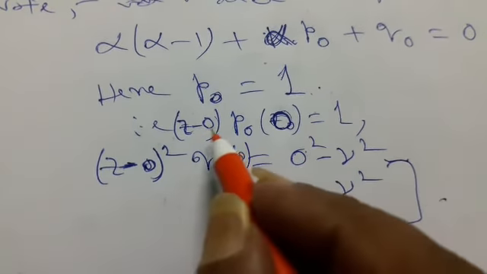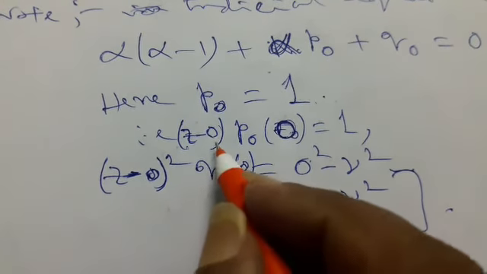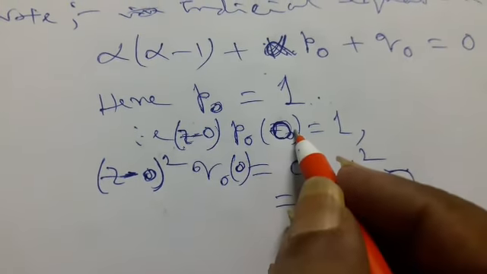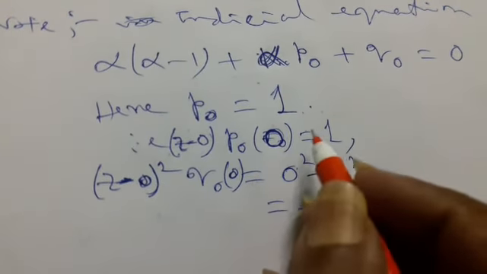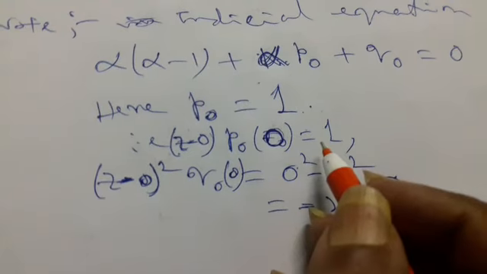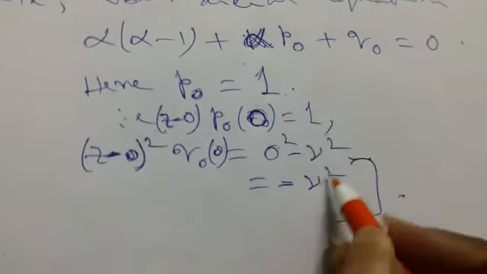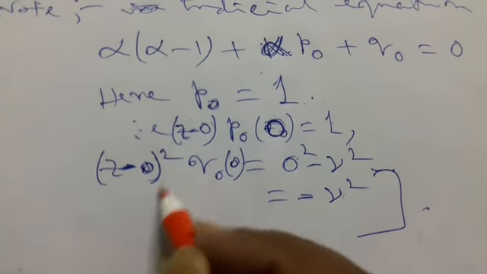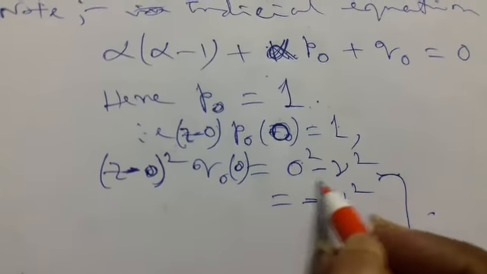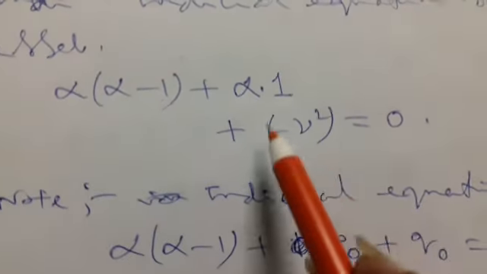Sometimes it is perplexing that this z and this z are the same, but actually this is the point z0, taken as 0, so it will be 1, and z square is treated as (z minus 0) whole square, that is 0 square minus gamma square, that's why it is minus gamma square.